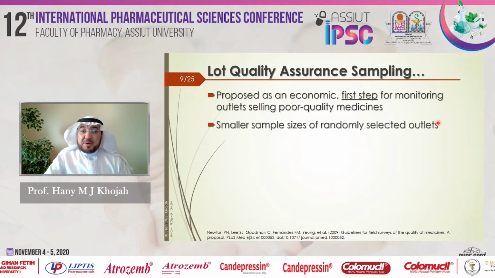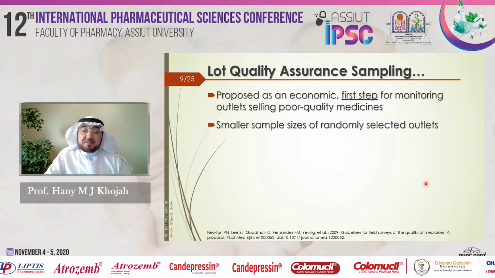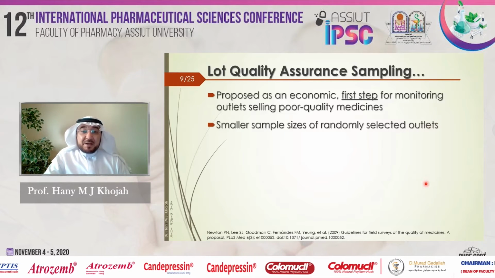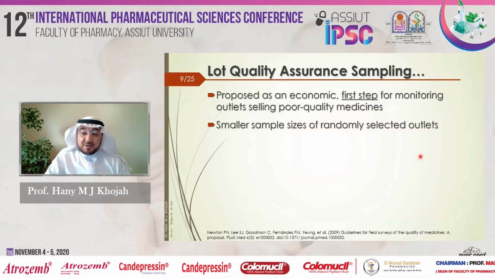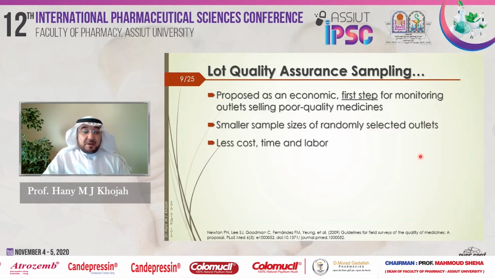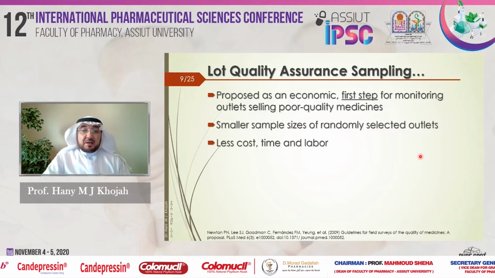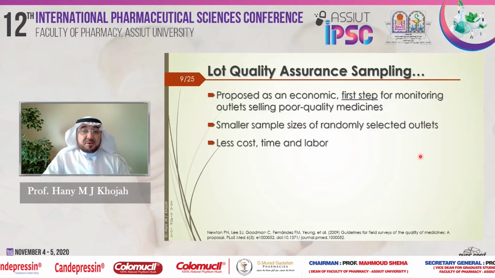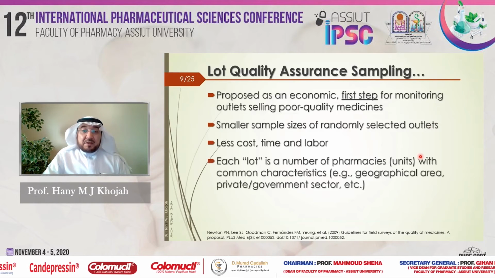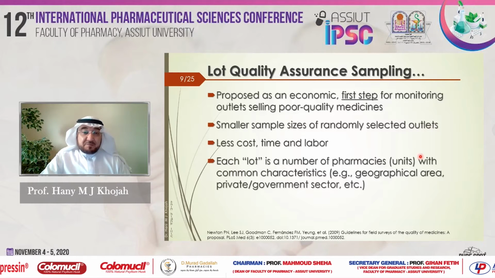This sampling method requires a smaller sample size than the simple random sampling or stratified random sampling method. Really small sample size. It is less costly, requires less time, less labor, less resources in general.